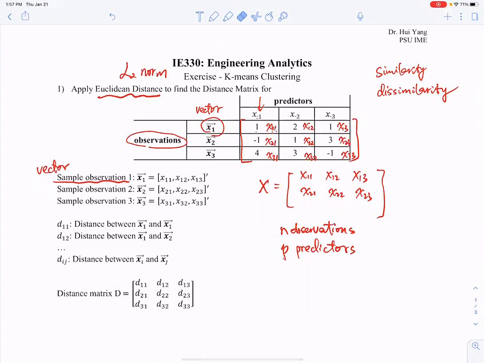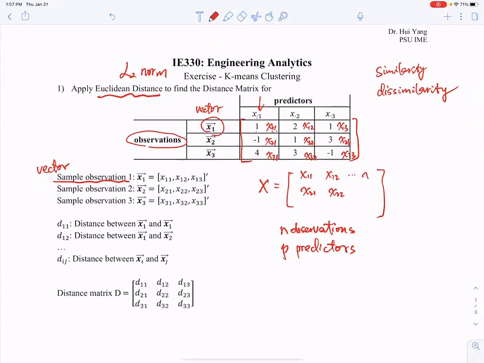Let's redraw this one. A general matrix will be like this: x1p, x2p, and then we have xn1, xn2, xnp.